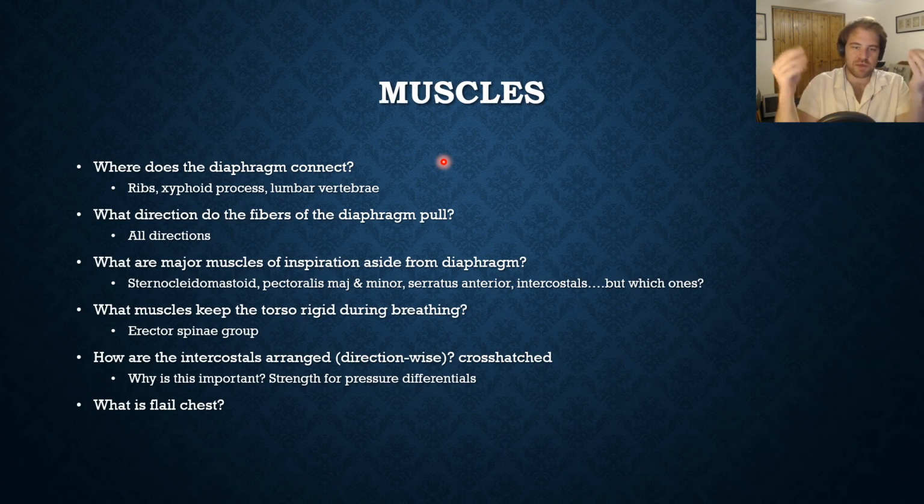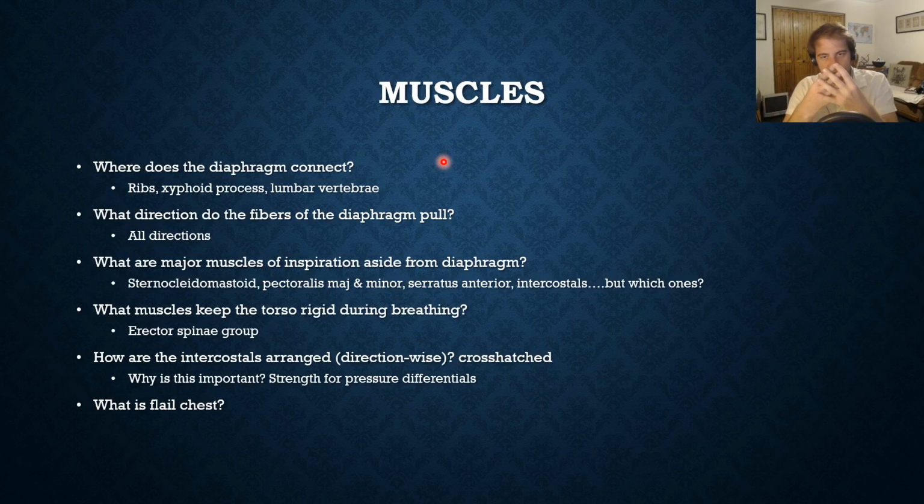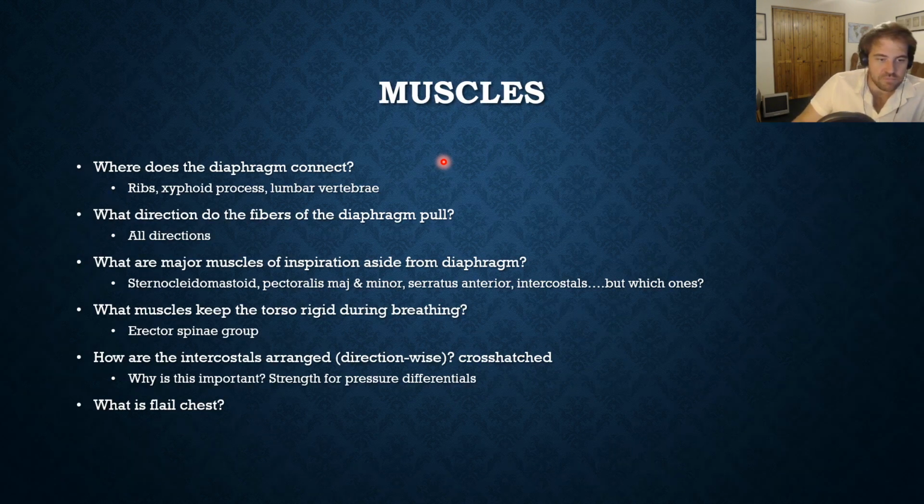This is important because it's not interwoven like that, but it does have this kind of lattice structure that creates a really strong wall, basically. So you have a very strong wall of the rib cage, which is great for those pressure differentials that you need for breathing. So that's great.